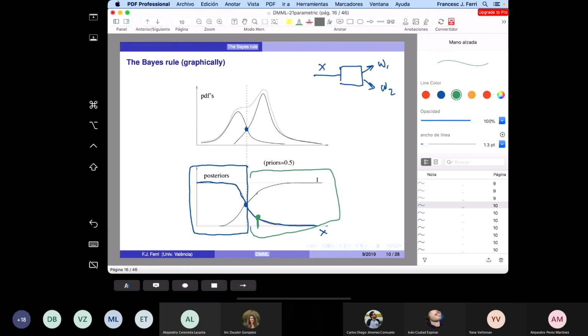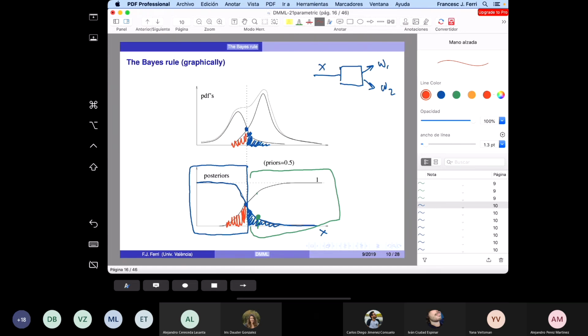Questions? No. So in other words, the probability of error is proportional to this area here, or this area here. This is for errors from class 1, and also this area and this area.